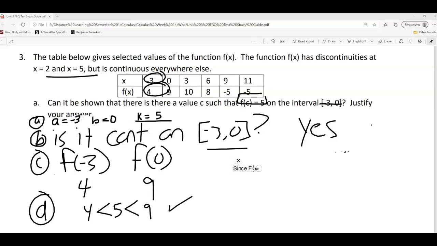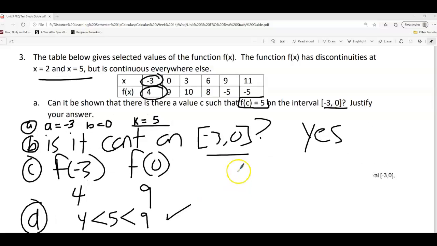Since f is continuous and goes from 4 to 9 on the interval -3 to 0, there must be some value c such that f of c equals 5. And there it is. That would be our final answer.